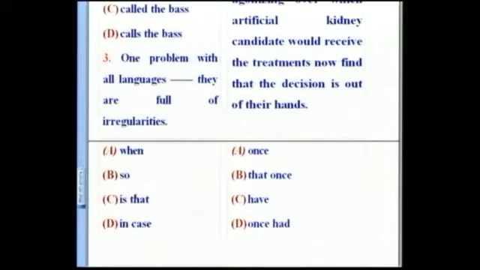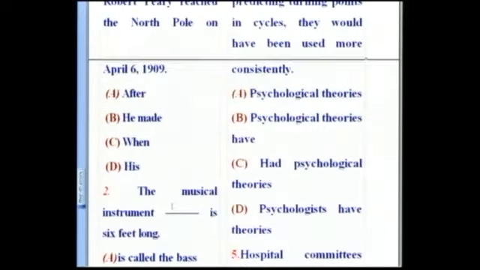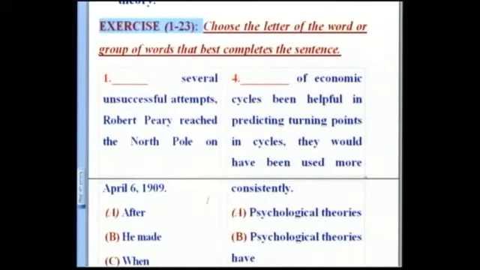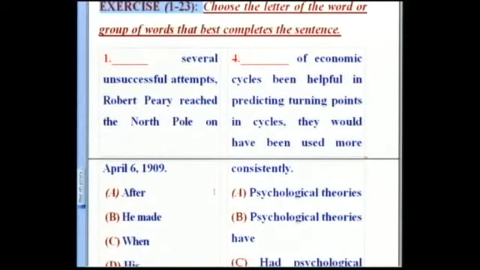One problem with all languages is that they are full of irregularities, like English, sorry. Let's look at number 4. Of economic cycles been helpful. Been is only part of a verb. It's not a complete verb.